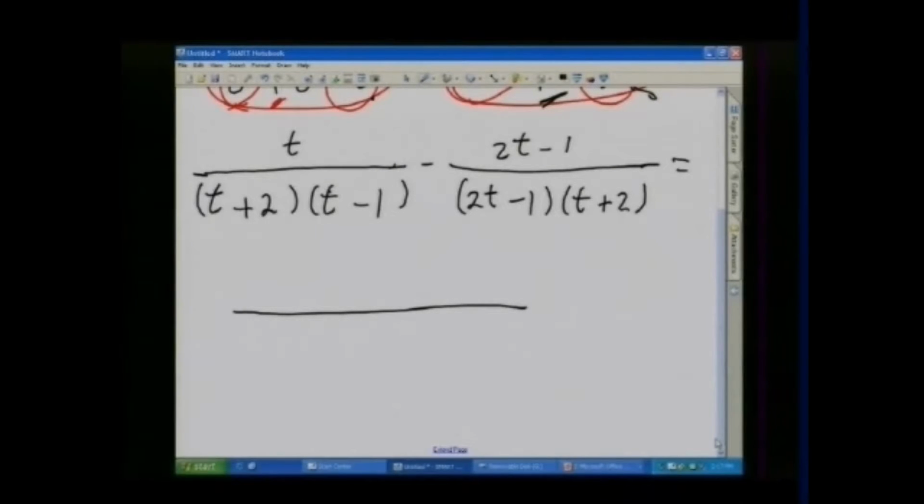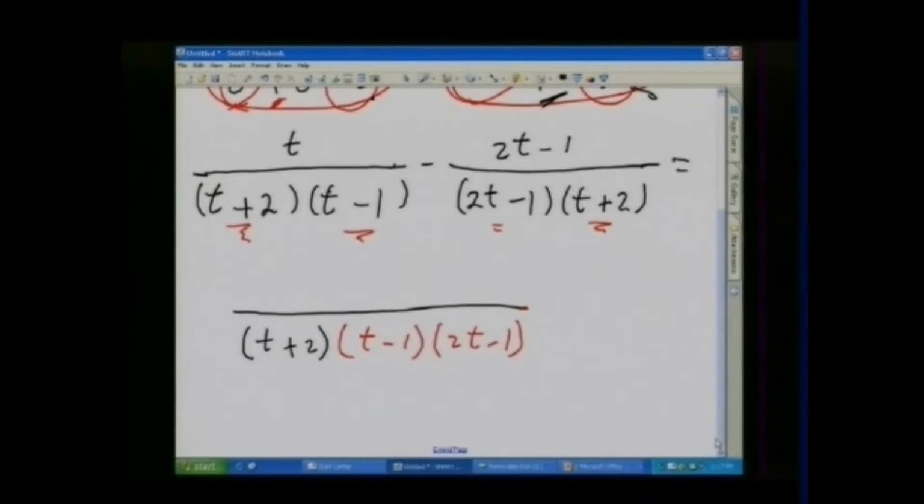I say the t plus 2 and t plus 2, they are in common between the two, so I write one of them, t plus 2, the t minus 1, and the 2t minus 1. The multiplication of those would give you the least common denominator.